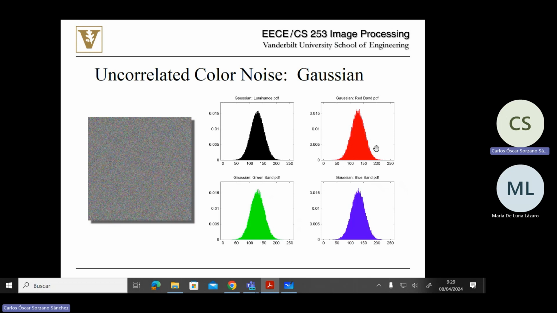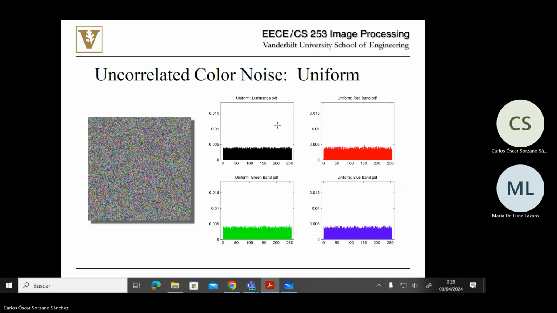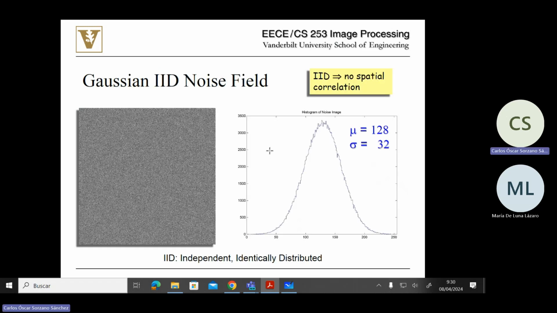And if red, green, and blue are Gaussian, the luminance is also Gaussian. If it is uniform in red, green, and blue, it is also uniform in luminance. And this is an example of Gaussian noise.